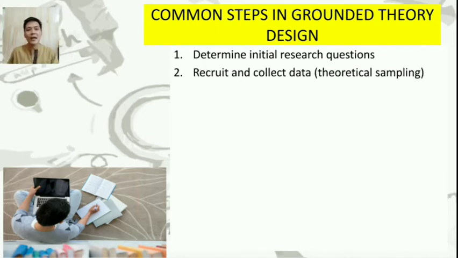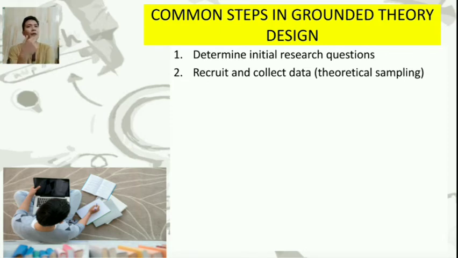Secondly, recruit and collect data. So magre-recruit ka ng sample population and then magko-collect ka ng data out of the interviews that you do. So ang mag-guide sa'yo ay tinatawag nating theoretical sampling. So sa research class, meron tayong 2 types of sampling. Sampling refers to sa pagkuha mo ng participants or pag-recruit mo ng participants para sa study mo, and eventually pag-collect ng data.